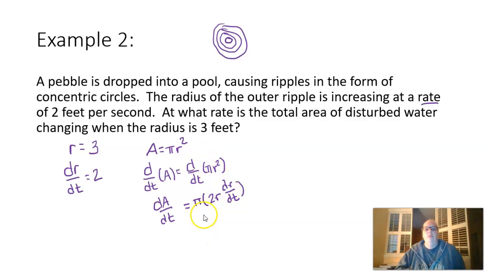Okay, and now we should be able to fill in the parts that we knew, which were these two things over here. So I can put my 3 in for the r, and I can put my 2 in for the dr/dt, and we can solve this problem.